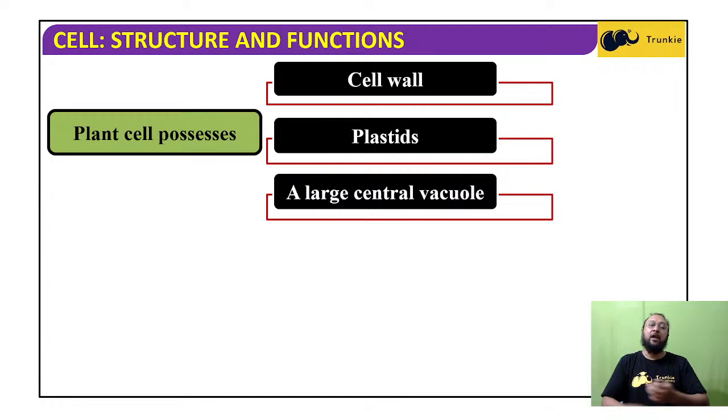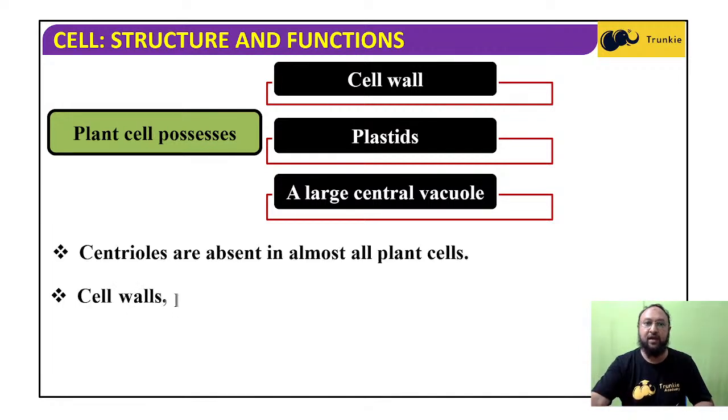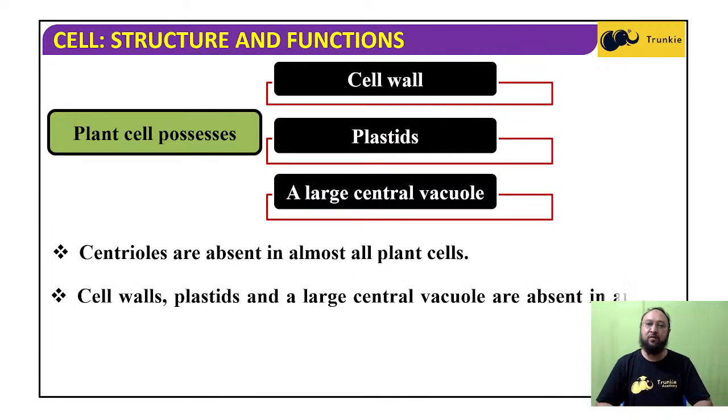These are the important distinguishing features of the plant cell which are not found in animal cells. Centrioles are absent in almost all plant cells, and cell walls, plastids, and a large central vacuole are absent in animal cells. This is an interesting difference between the cells of plants and the cells of animals.